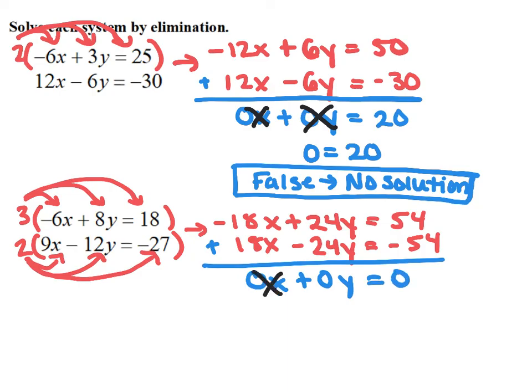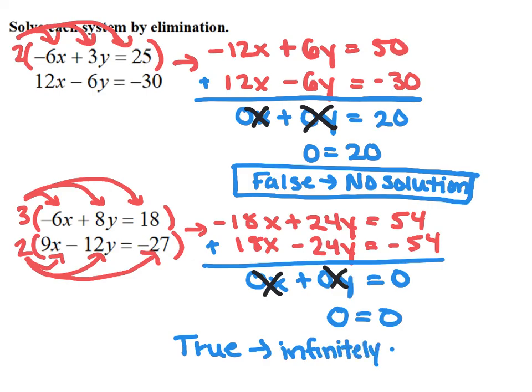Now I don't have to rewrite the 0x or the 0y. So it really means it gives me 0 equals 0. Now since this is true, that means that there's infinitely many solutions.